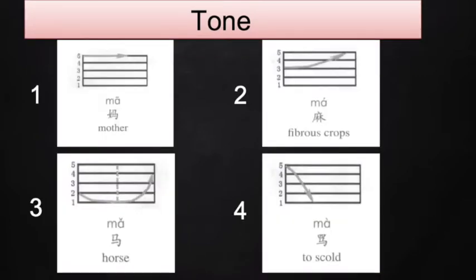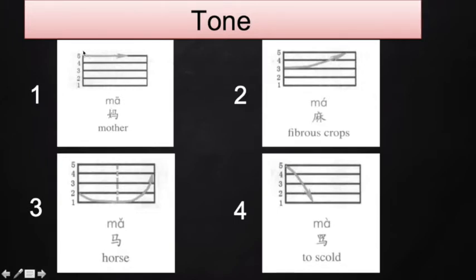So now let's see what the four tones in Chinese are. We can use numbers to describe the pitch of the tones. You can see numbers 1 to 5 here. And in order to practice it with different tones, we're going to use the initial m, which is added to the final a, and we combine it together, and now we have ma, and we're going to practice it with different tones.